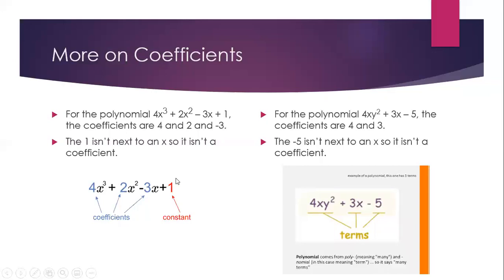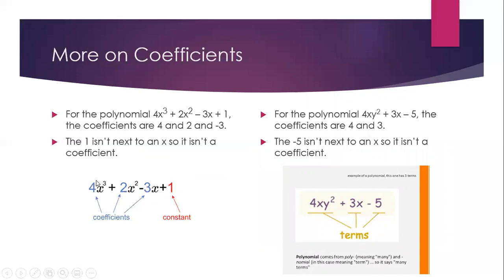Is this 1 right before a letter? No, it is all by itself. Because it isn't next to a letter, it isn't a coefficient, because a coefficient has to be next to a letter.